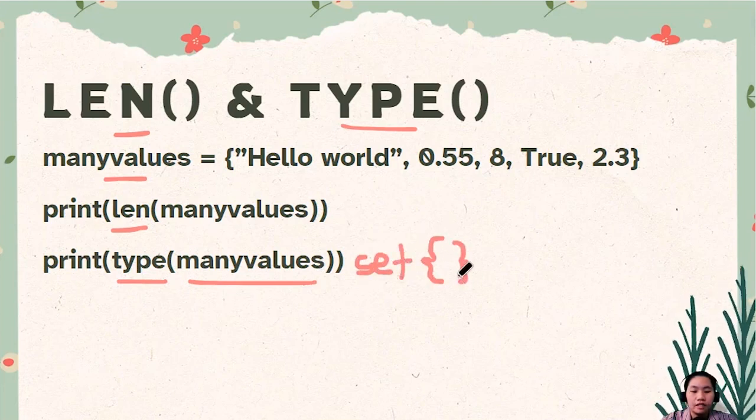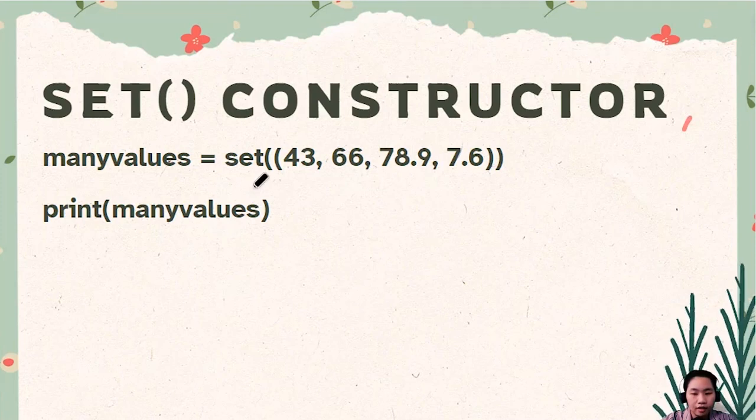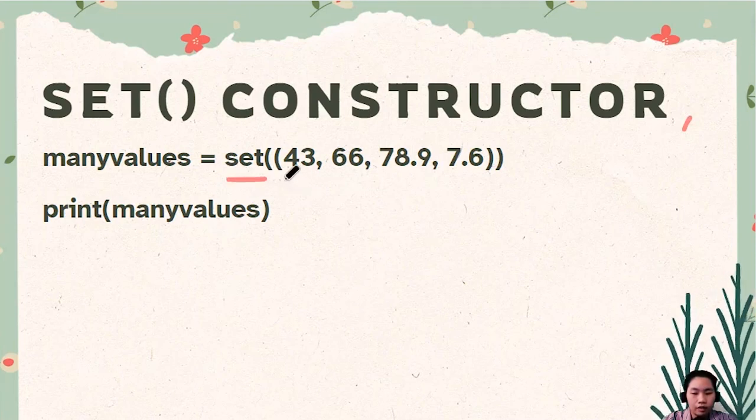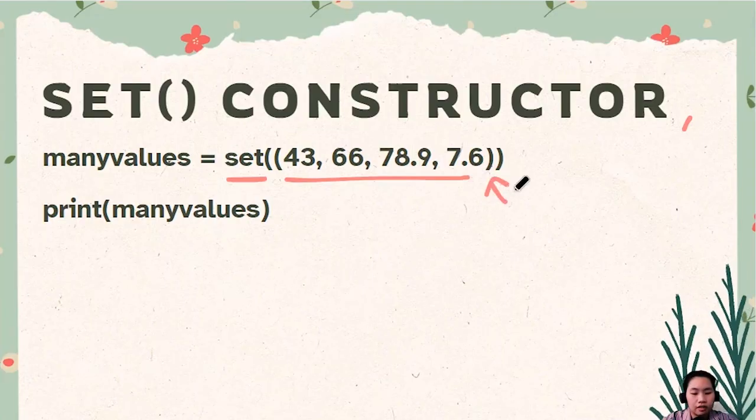Okay? Last but not least, let's look at the set constructor. This is basically a different way of declaring a set. You can use a set constructor and then put the values that you want to have in the set. But please be reminded that it is a double parenthesis, okay?